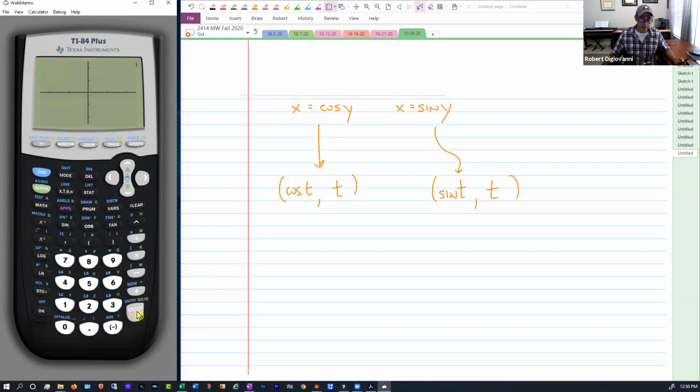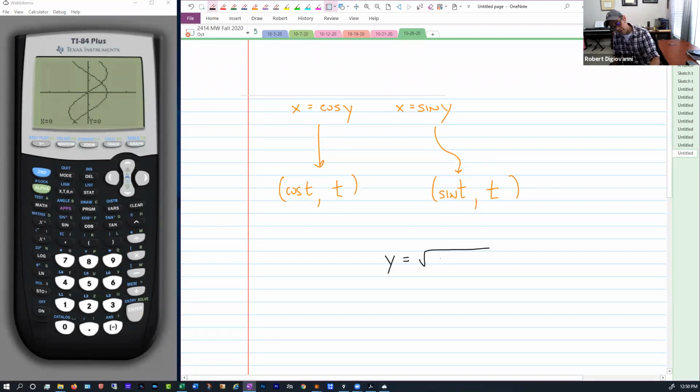So in theory, you never need to switch your mode back to function ever again. Because if you wanted to go back to old school graphing, let's say you wanted to graph this, you could type it in the old way.